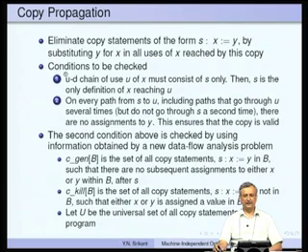There are a couple of conditions to be checked to make sure that copy propagation can be performed. First condition, the UD chain, the use definition chain of the use u of x. So, this is the copy x equal to y, x would have many uses.